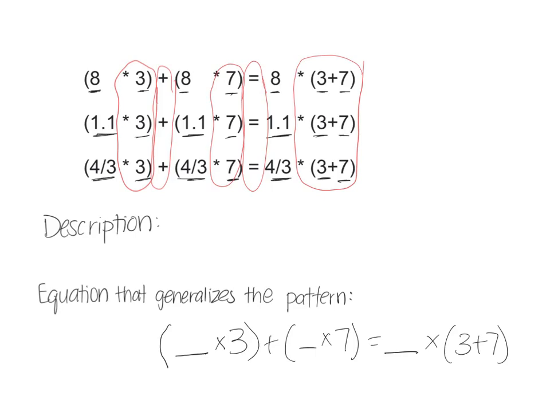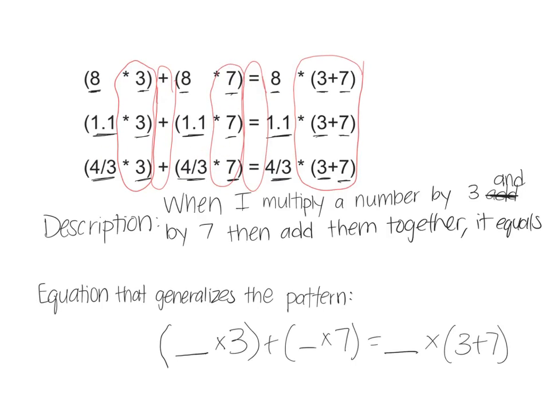Now I will write a description, so I'm going to think about, what am I doing on this side? Well, I'm multiplying a number by 3, then I'm adding it to, it's the same number, and I multiply it by 7.